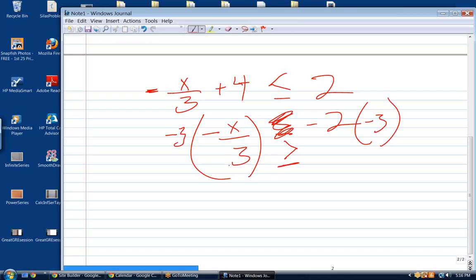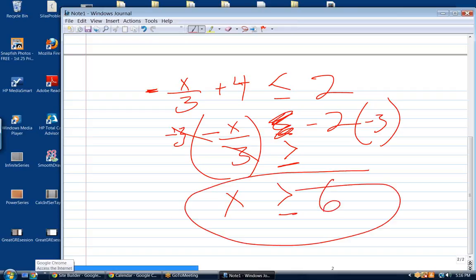Now, this becomes x because the minus times the minus becomes plus. The 3's cancel. So I get x over here, and I get greater than or equal to 6. So that's the only major difference in solving inequalities as opposed to solving equations.